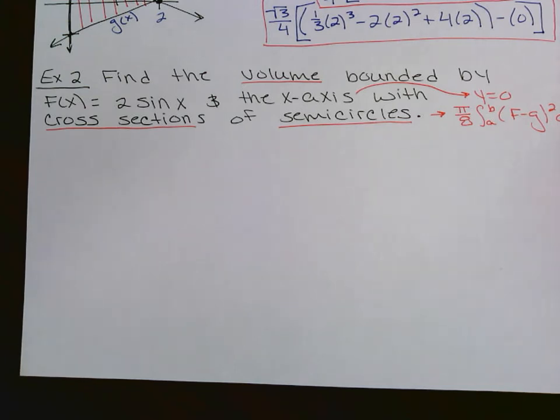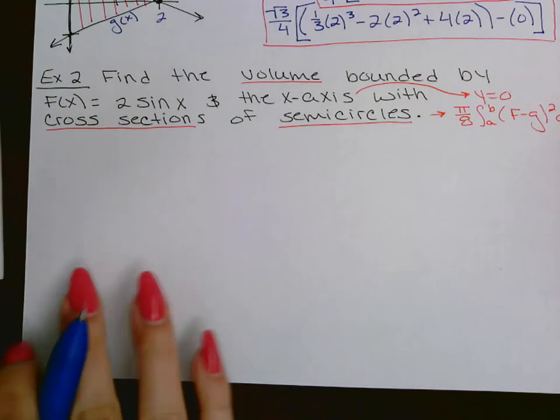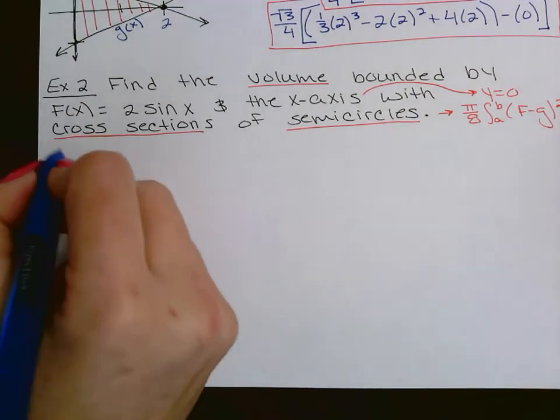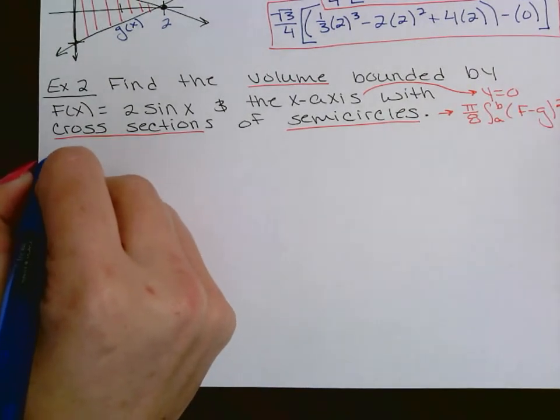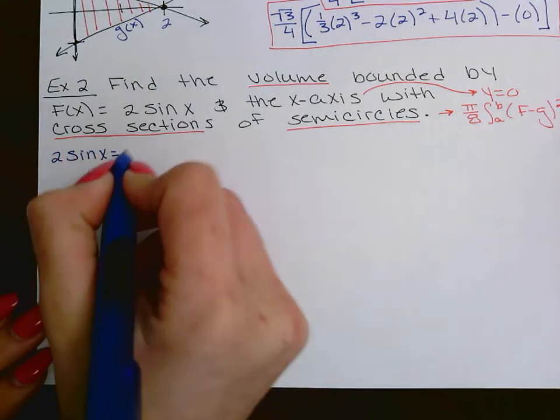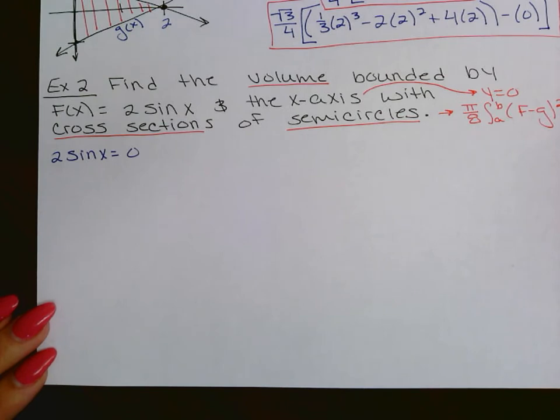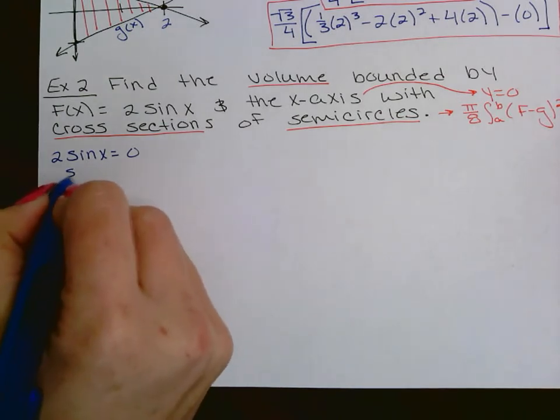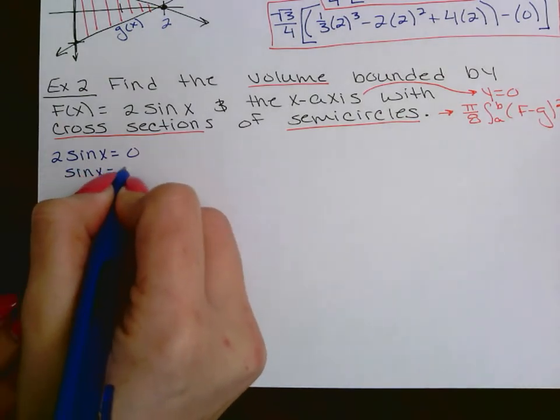Okay? All right. So, for those of you who like to do it without the graph, they did not give me an a and b. So, what do I have to do first? Right. So, I have to say that f of x, which is 2 sine of x, equals my second function, which is 0. That 2 will divide out, and then I'm still just talking about sine of x equaling 0.